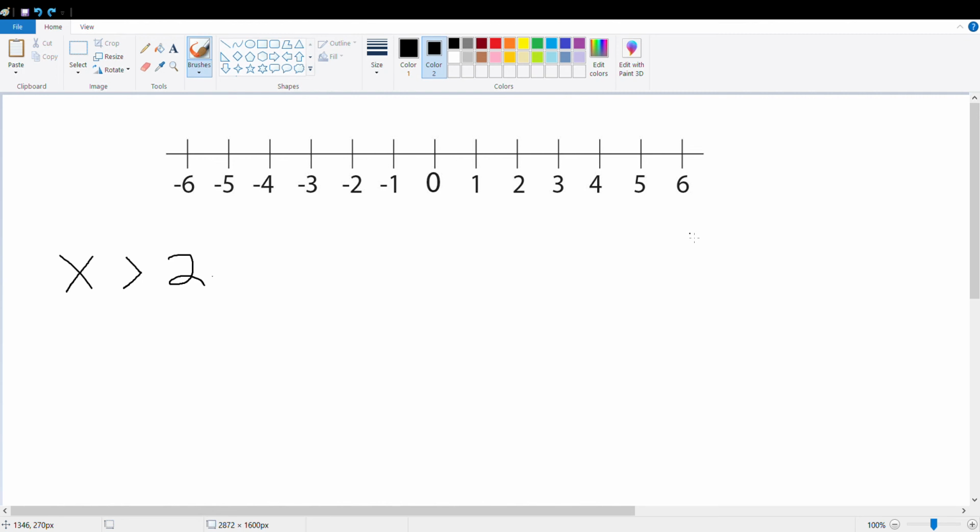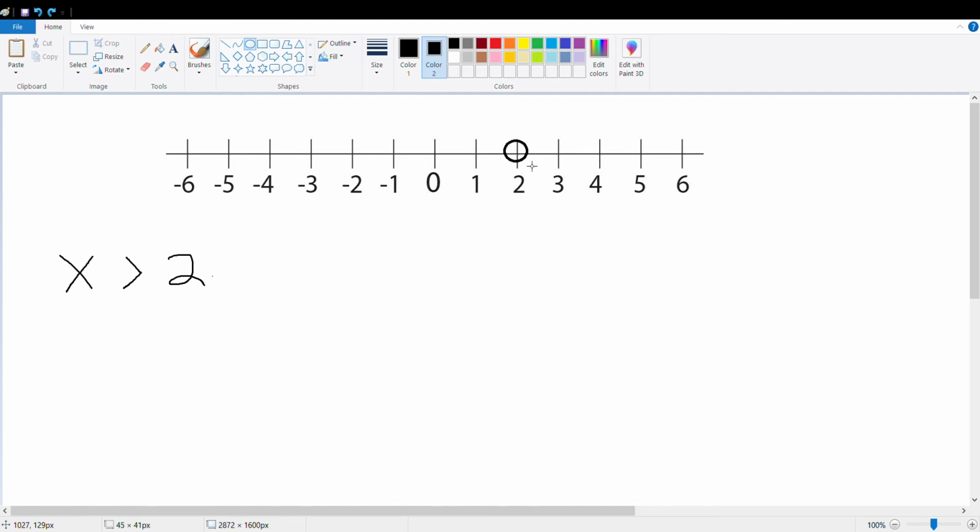So how we do this is, I'll turn this off so it doesn't fill in, when it says graph, it's going to be graphing this on a number line so that it's a true statement. So x is greater than 2 means that all the possibilities for x are going to be all the numbers that are larger than 2.